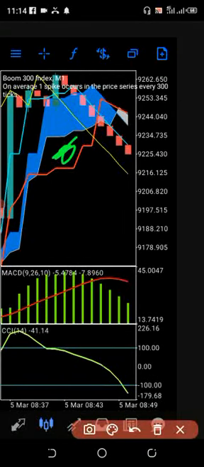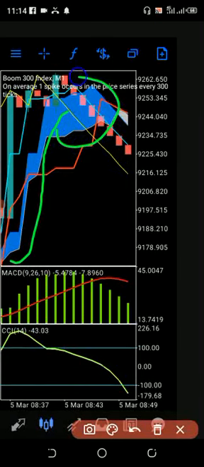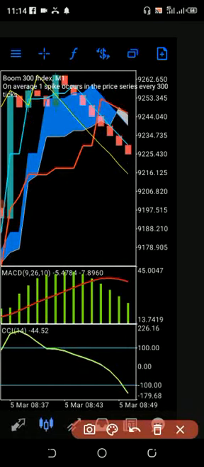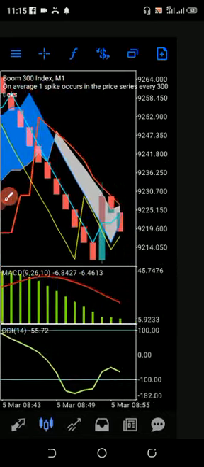See? Look at how it came to a point and started forming something like this. Watch it carefully because you will see it in your forex trading and in your daily trading. This thing can also work on your volatility 75. Now watch.